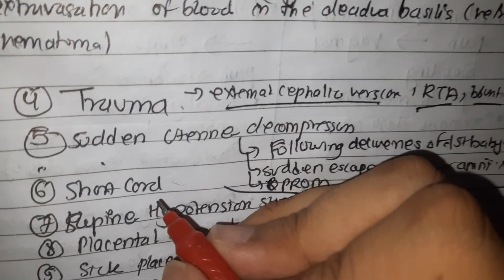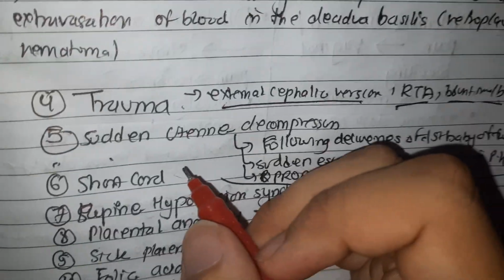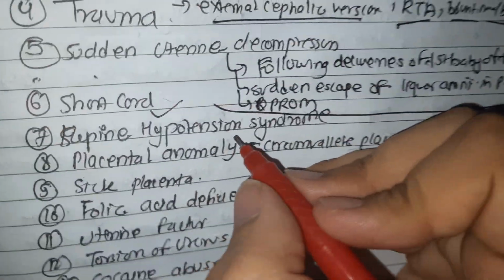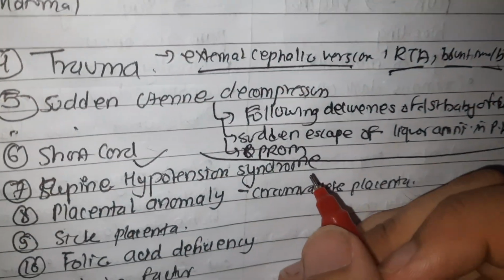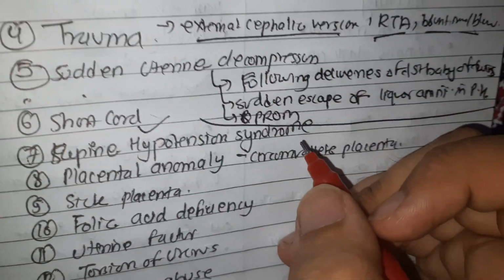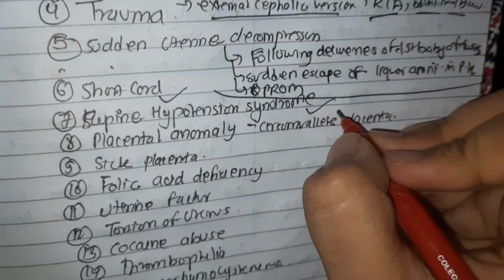And a short cord, either relative or absolute, can bring about placental separation during labor by mechanical pull. And supine hypotension syndrome, where there is passive engorgement of the uterus and placental vessels resulting in rupture and extravasation of blood.